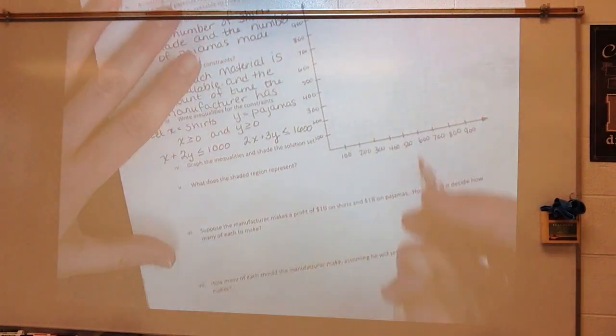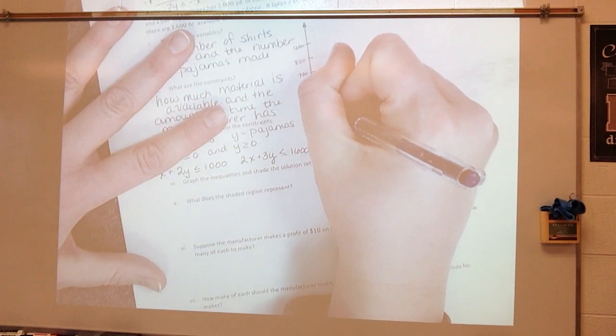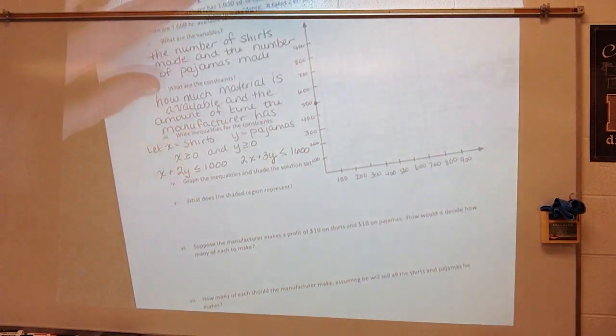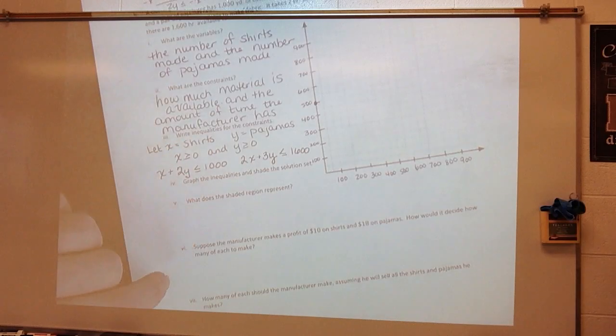Alright, which tells me that my y-intercept is 500. And then my slope is negative 1/2. So for every, I go up 1 over 2. Alright? So if I go up 100, I go over 200.